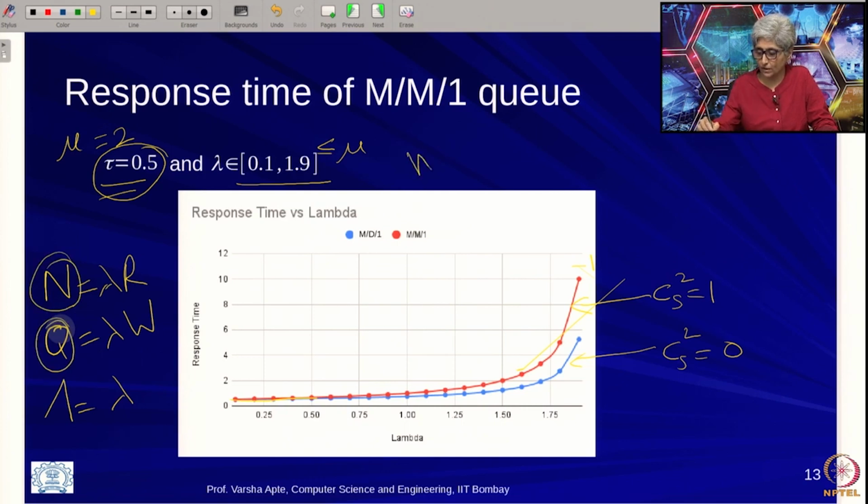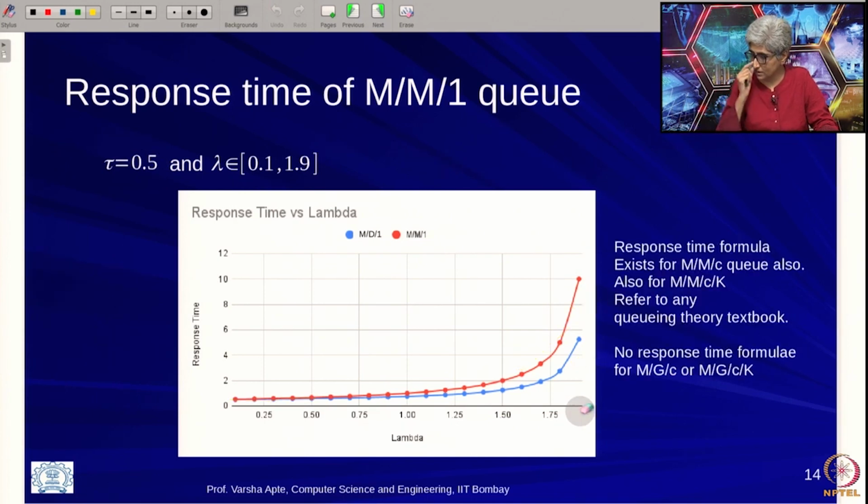Waiting time is nothing but R minus tau. So, this we get from the PK formula, response time, and this tau is given. So, we can get waiting time. So, we get R and W, and from that we can get N and Q. So, at least for the MG1 queue we actually have all the answers that we need. Okay.